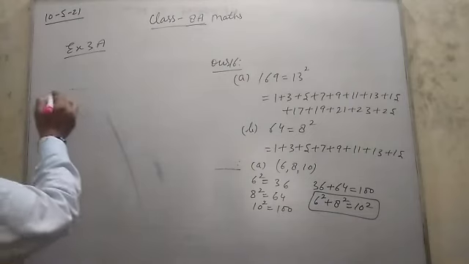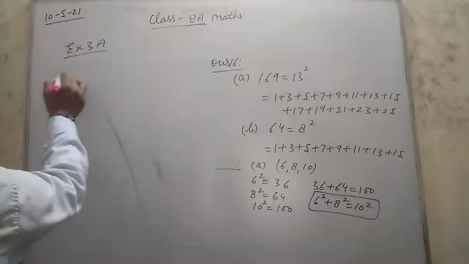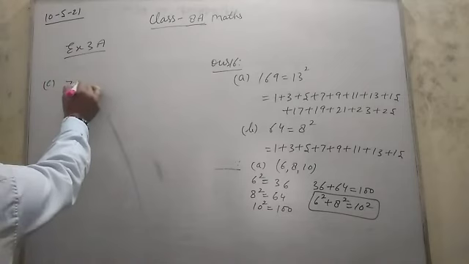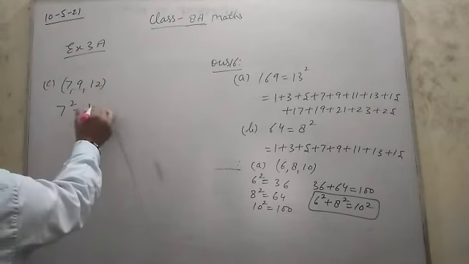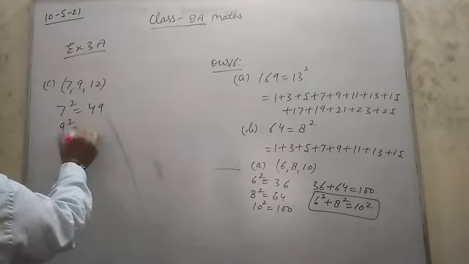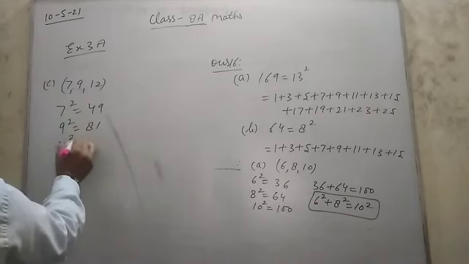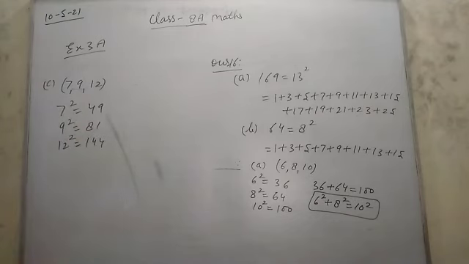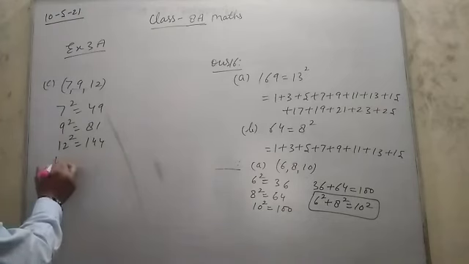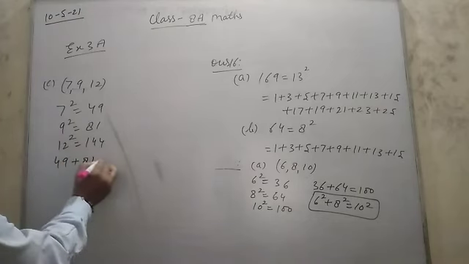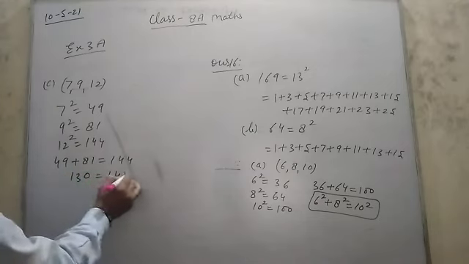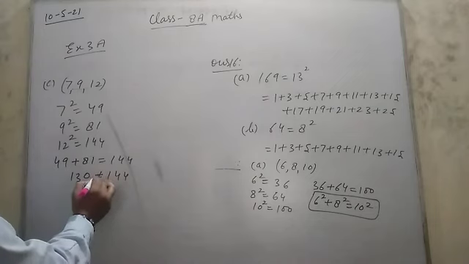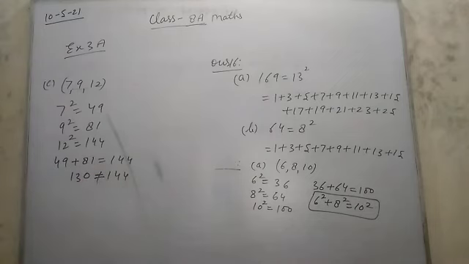So part C: 7, 9, 12. First you find the squares: 7 square 49, 9 square 81, 12 square 144. Then check it: 49 plus 81 is equal to 144? Add it. So 130 is not equal to 144.